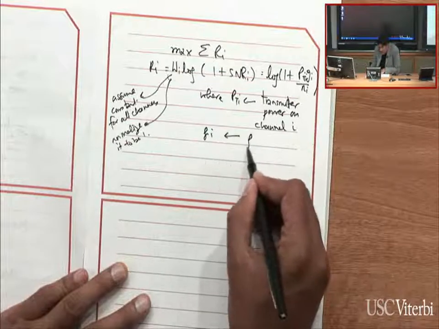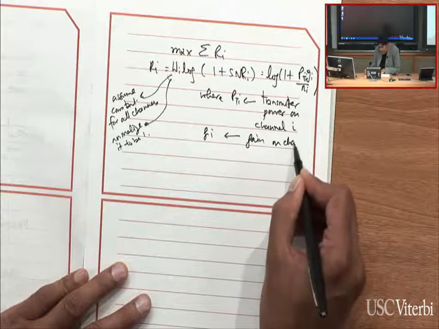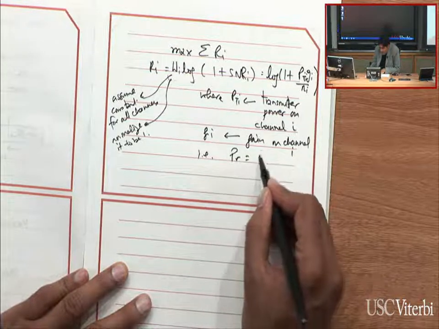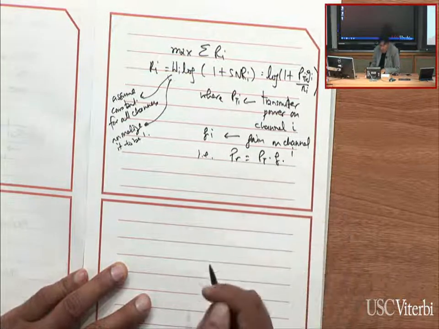GI is the gain on channel I, i.e., what I'm receiving is P transmitted times gain.